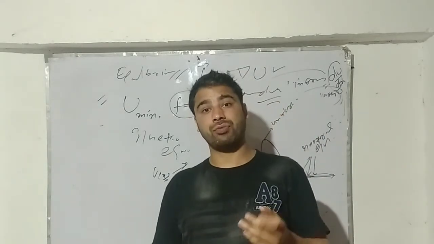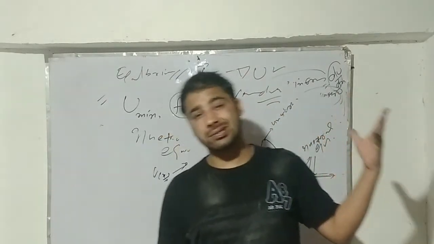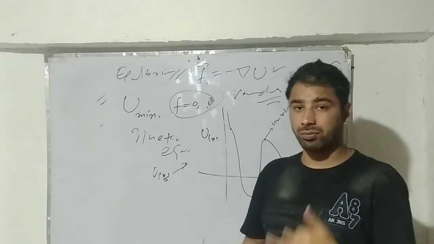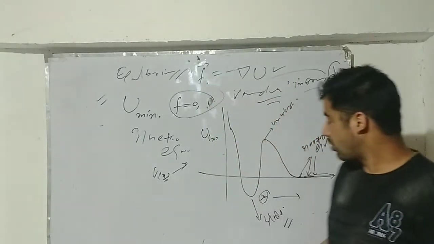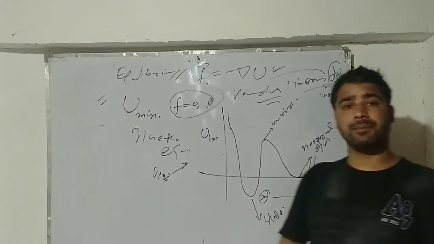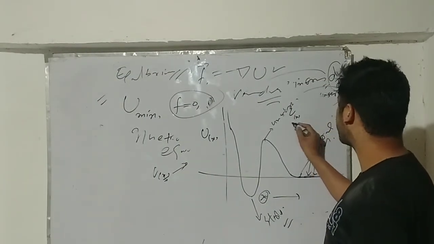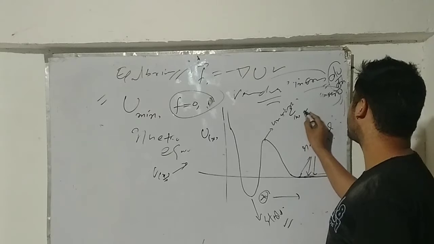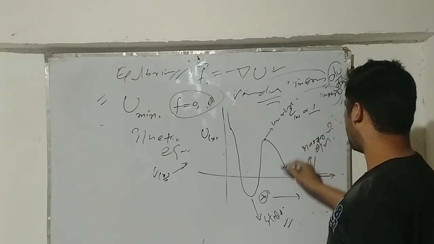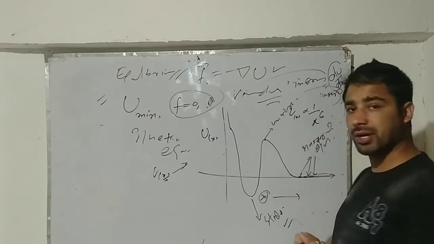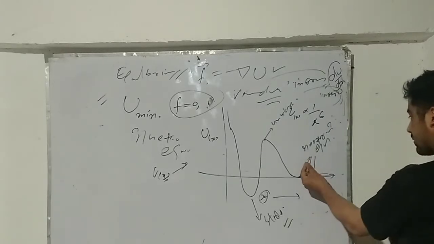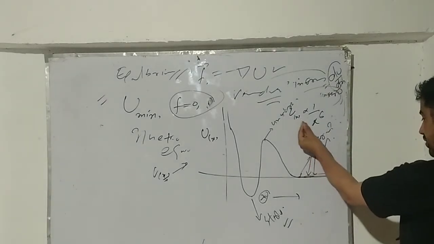When we discuss the van der Waals type of interaction, it has been observed that the potential energy varies inversely as x to the power 6. So the neutral equilibrium point is where the potential energy will be more or less flat.